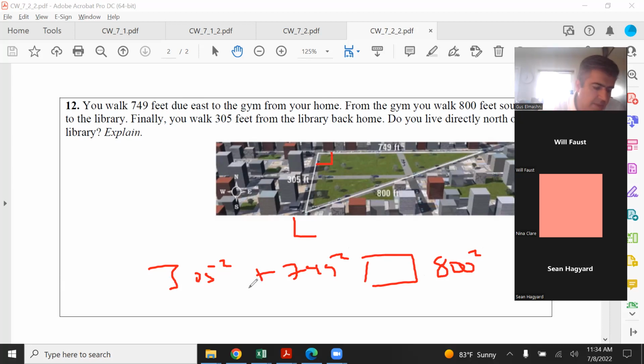305 squared, that's going to be 93,025. 749 squared, that's going to be 561,001. 800 squared is 640,000.